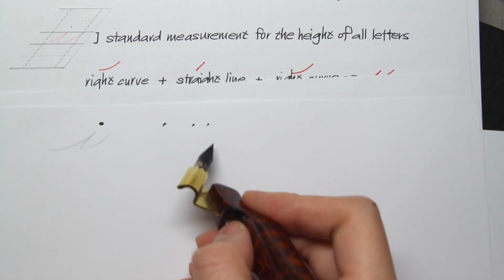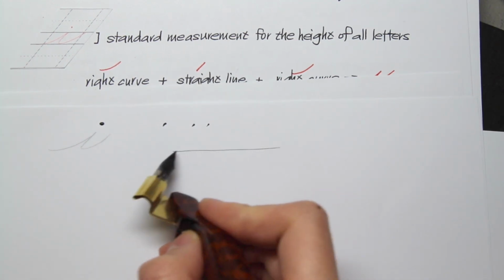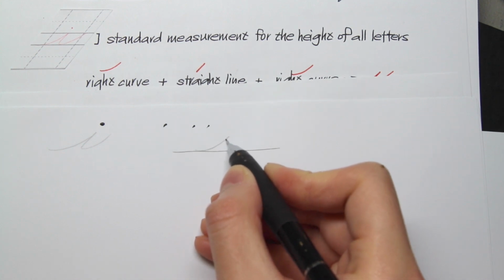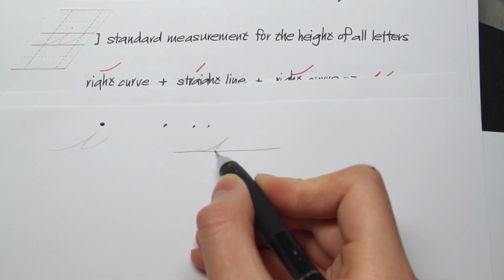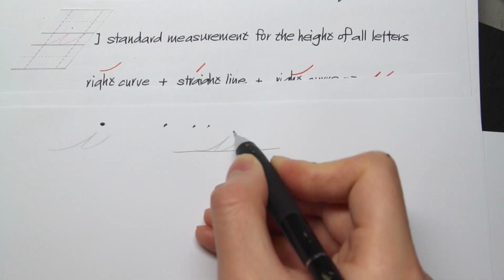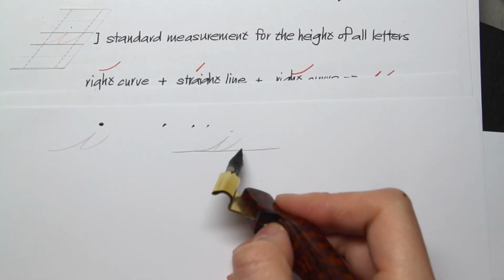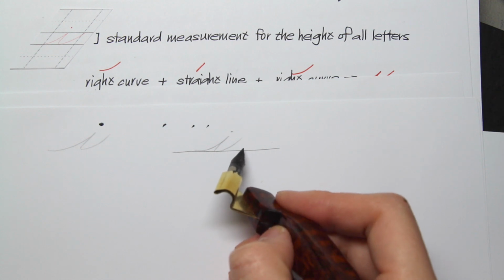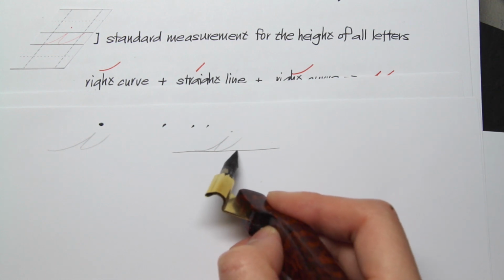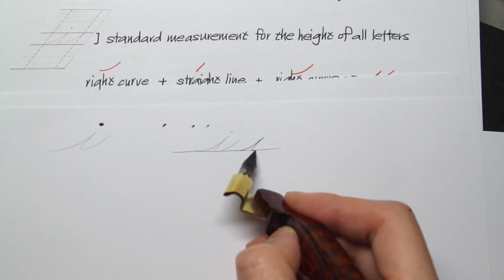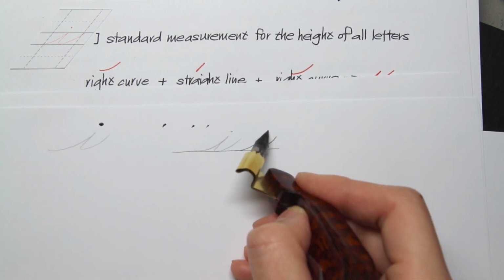When you practice, I want you to practice the letters like so. First, in pencil, the right curve, straight line, right curve, dot. Then in pen and ink, even for the letters that can have shading, practice for now without any shades. Right curve, straight line, right curve, dot.